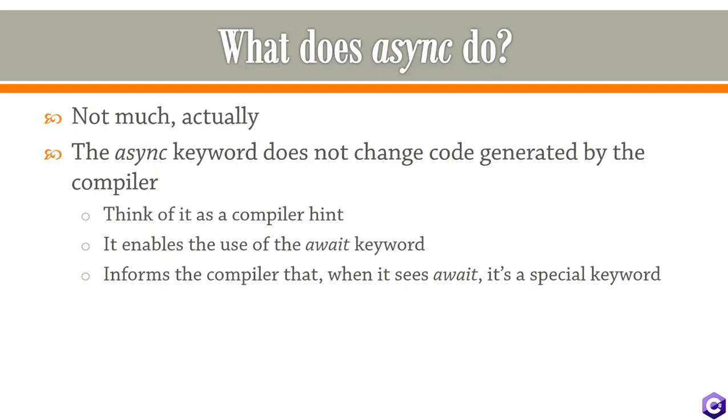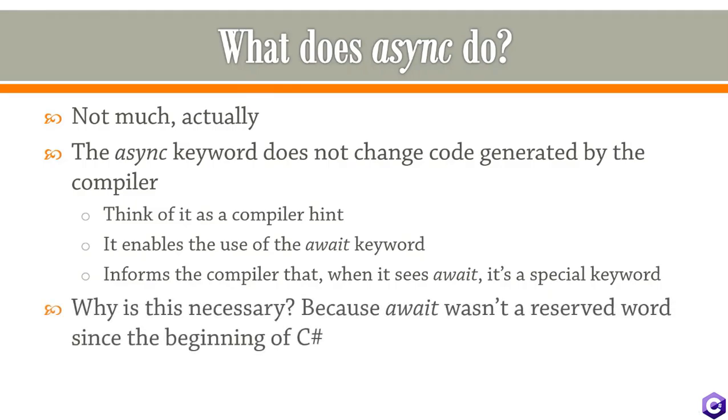Now you're probably wondering, why on earth is this necessary? And the reason why it's necessary is because await wasn't a reserved word since the beginning of C#, which introduces its own problem in that you could end up with ambiguities. If somebody declared a variable to be called await, for example, you still want that part of code to work somehow. So this is what C# did. It essentially introduced two keywords where only one keyword is required.